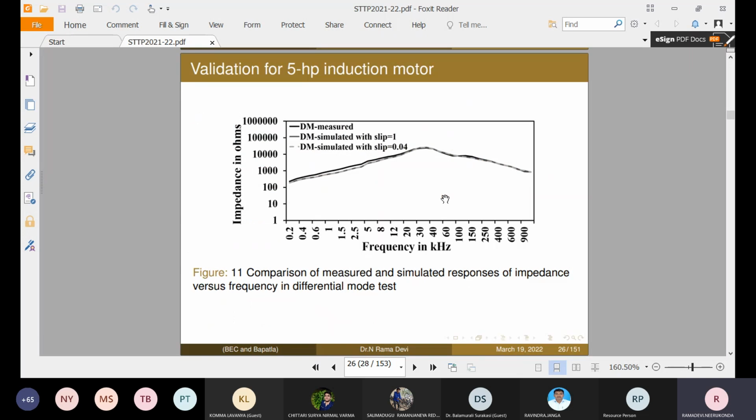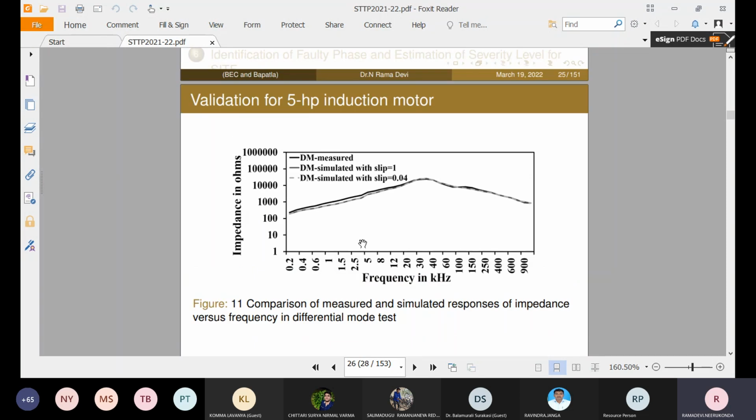So coming to the validation, whatever parameters we computed from the differential mode and common mode tests, those parameter values are incorporated in the model developed in the MATLAB Simulink platform. We compare the impedance plot with the practically measured value from the LCR meter in the common mode test as well as the differential mode test.